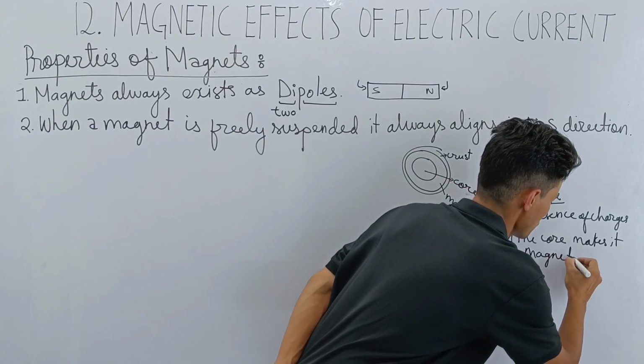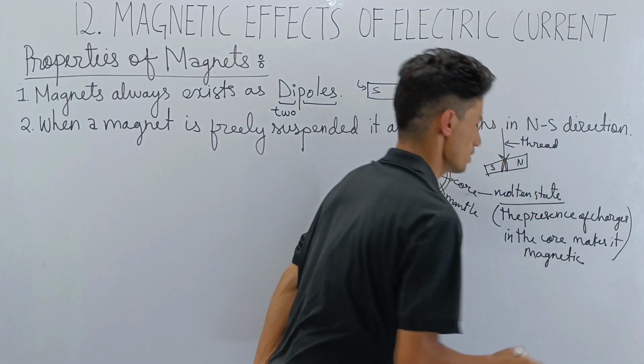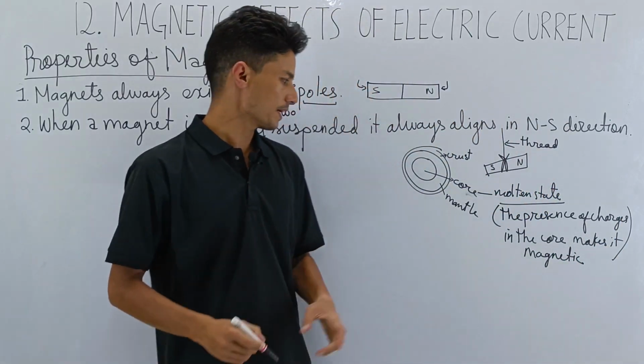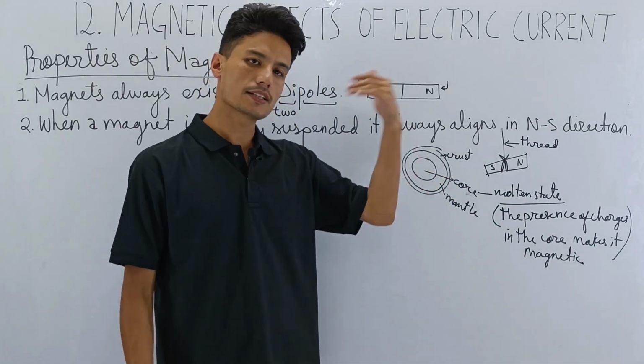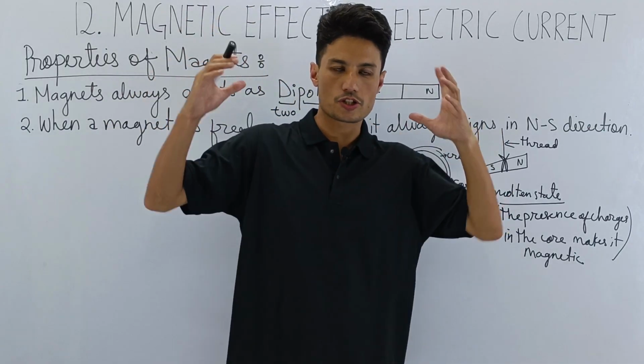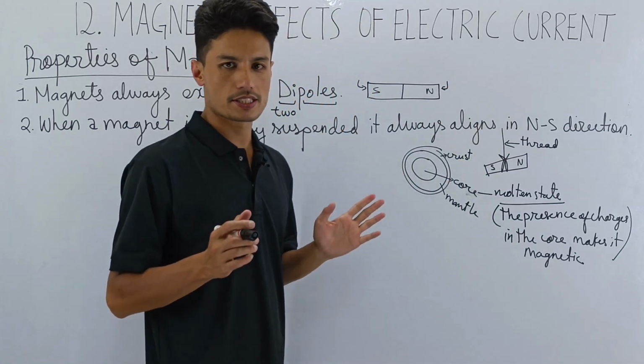So it is the presence of charges in the core which gives the magnetic nature to the core, thereby making the Earth a big giant magnet. So I hope it is clear.